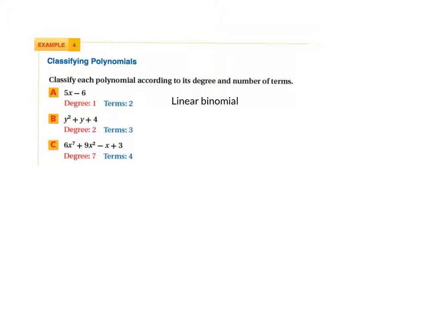So we would call this one a quadratic trinomial. And the last one we would call a 7th degree polynomial. Anything after 3 terms is called a polynomial.